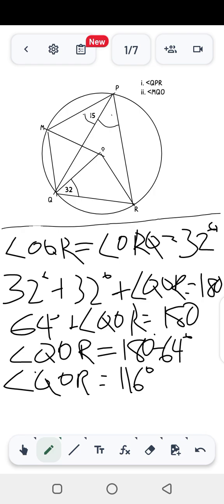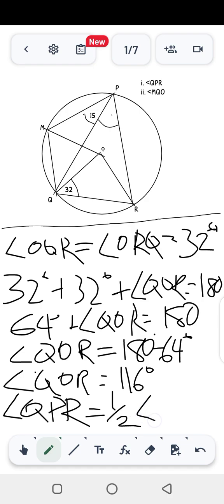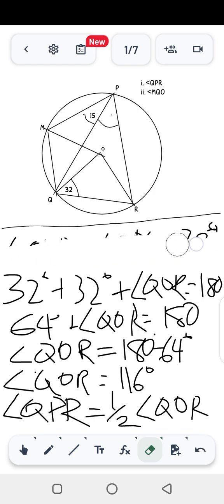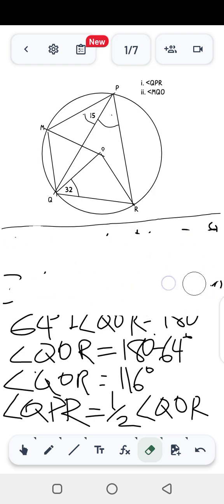Now, angle QPR is half of angle QOR. Alright, so let me clean this side so that we can have more space.